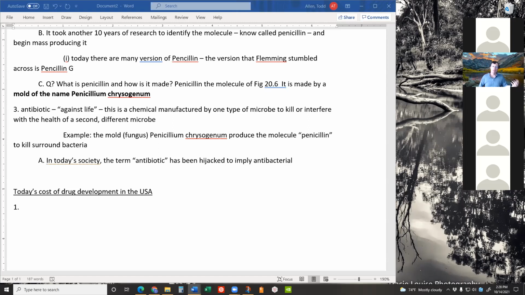But the time frame I'm trying to suggest to you is that the average drug development time to get a new drug out on the market is about 10 years. It takes roughly, on average, 10 years to bring a new drug to market. Next question in the chat window.